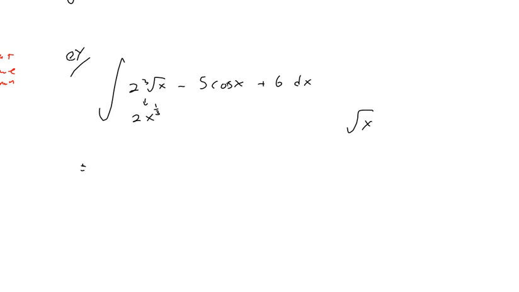So the cube root of x is x to the 1/3 power. So if I do this integral, I'm just going to do piece by piece. This one here, I'm going to add 1 to the 1/3, which becomes 4/3. So this becomes 2x to the 4/3 power over 4/3. I'll deal with the fraction later.